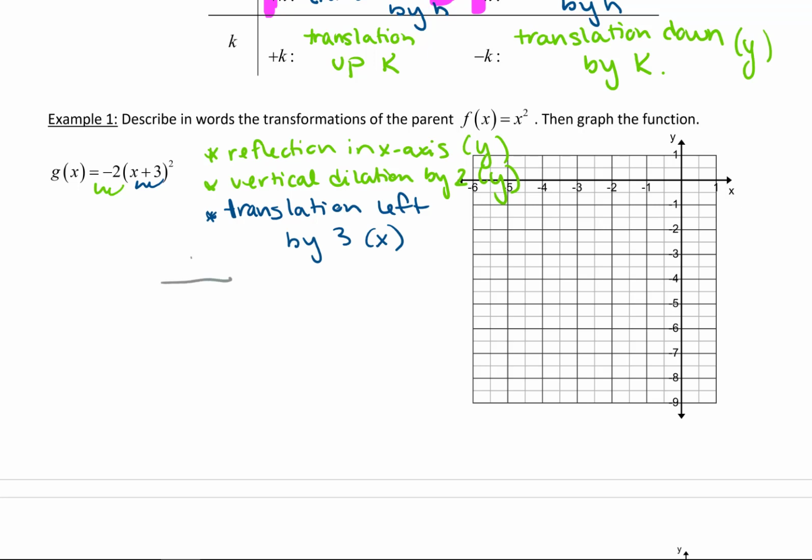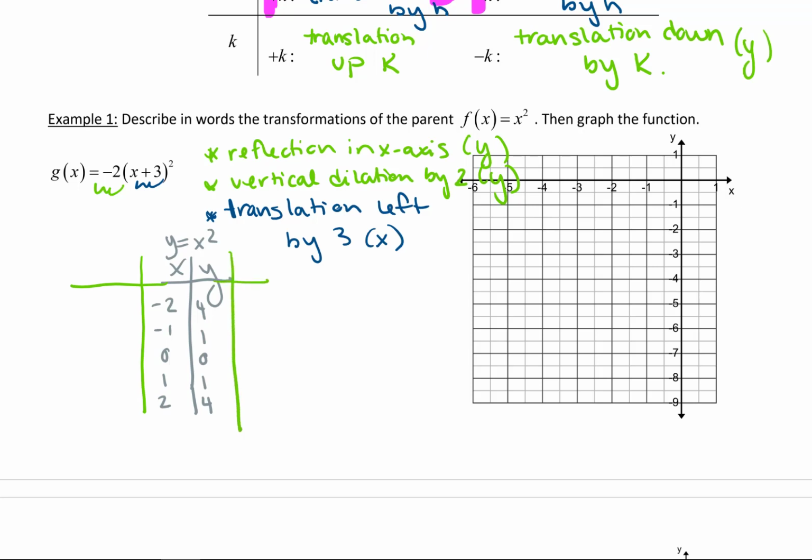We're going to start with our table of values for our parent function. And then we're going to apply our new columns. So we get that reflection, which changes our y's, and a dilation. So we get -8, -2, 0, -2, -8.